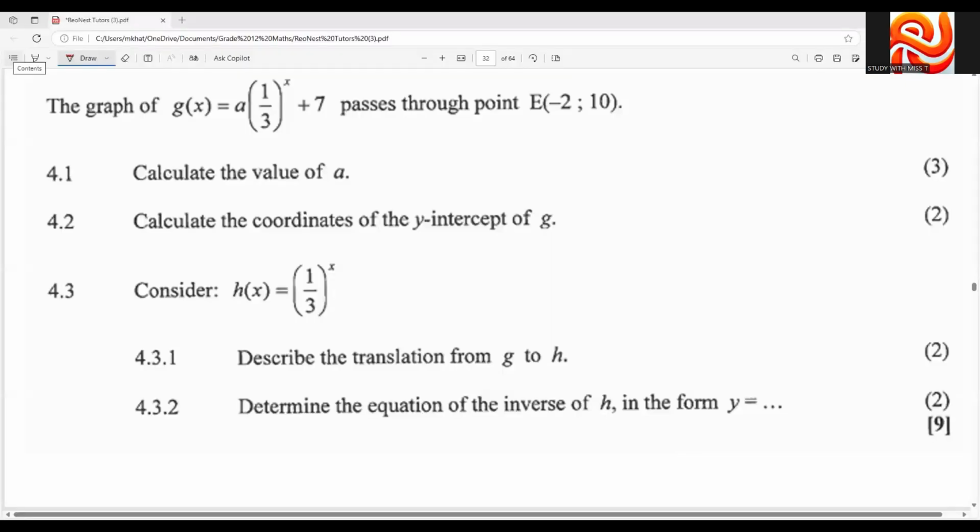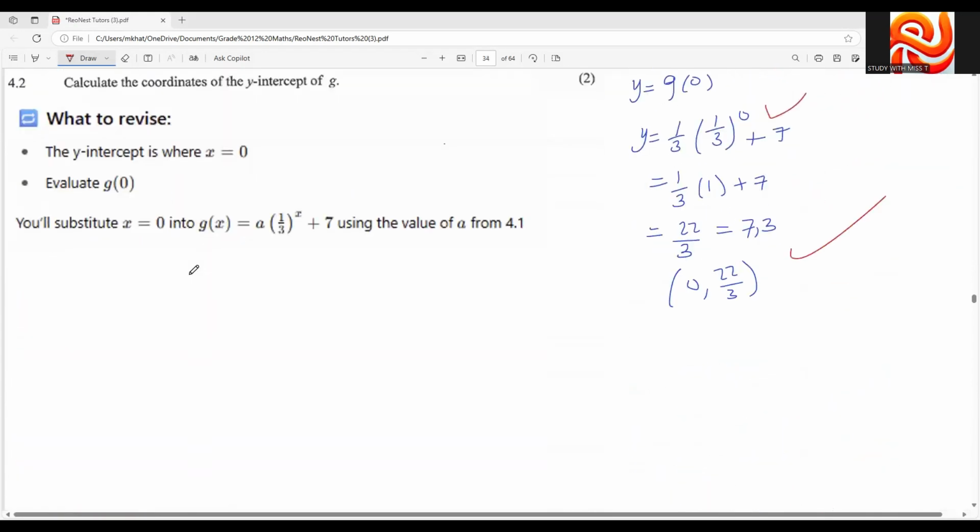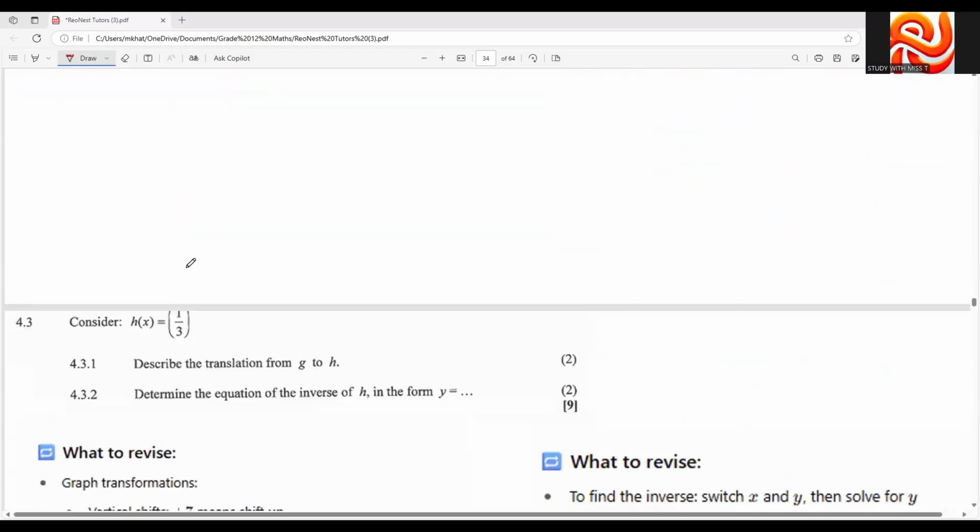So now we're coming to 4.3, whereby we have h of x, that is 1 over 3 all to the power x. So now we have to describe the translation from g to h, and determine the equation of the inverse of h in the form of y. So now when we speak of translation, we are saying that there was a shift, right?